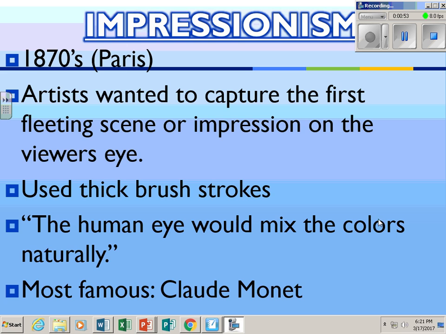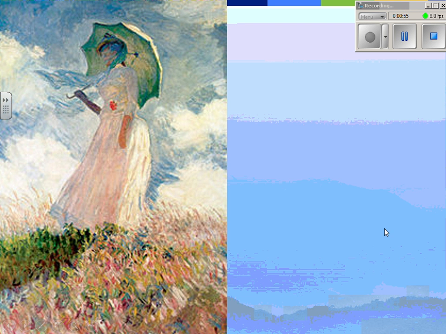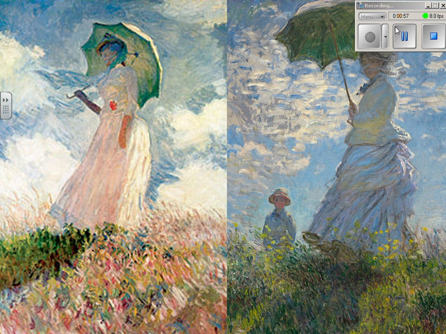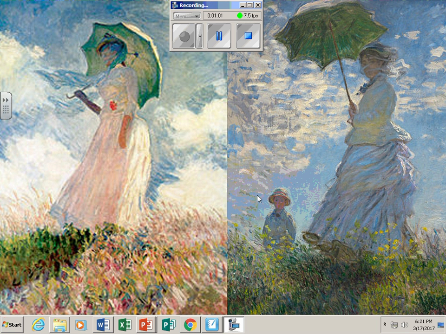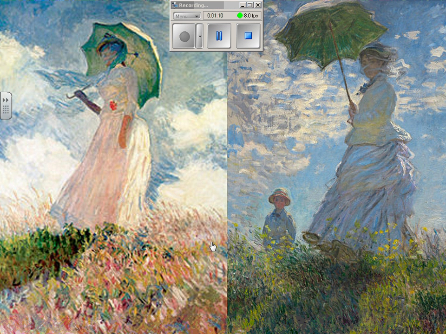All right, so let's take a look at some of these paintings. Let me just move this around here. So this painting is called The Lady with the Parasol, and this was by Claude Monet. The subject is Monet's wife, and he did 2 versions of this. And lots of times, guys, you'll see artists do multiple paintings of the same subject.